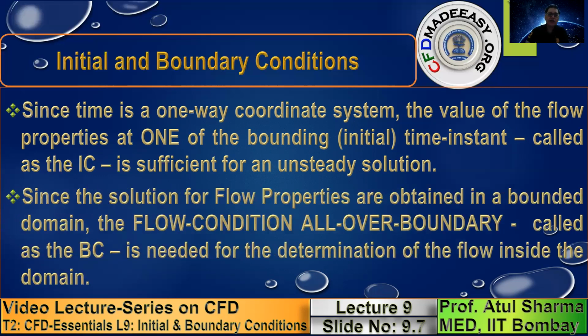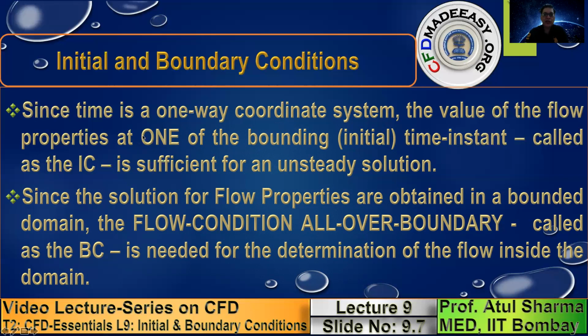Since the solution for flow properties is obtained in a bounded domain, whenever we do a simulation, note that we have to take a fixed region in space. So the flow condition all over the boundary is needed for the determination of flow inside the domain, and that is what is called boundary conditions.